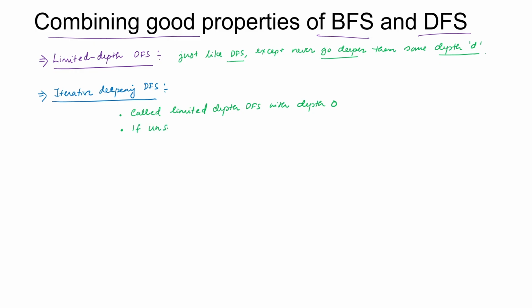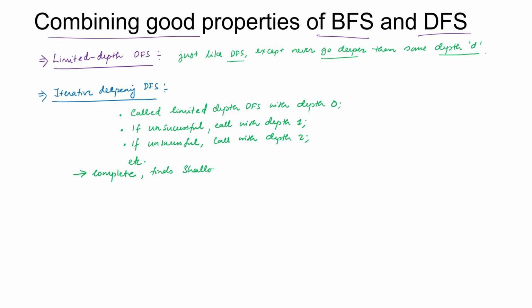If unsuccessful, call with depth 1. If unsuccessful, call with depth 2, etc. So this is complete and finds the shallowest solution.